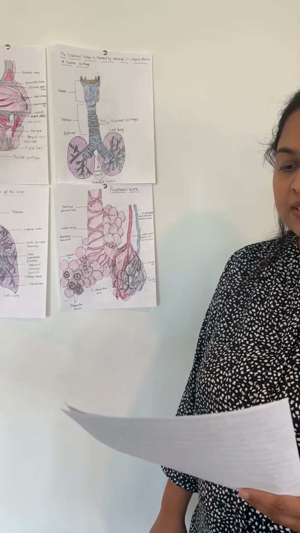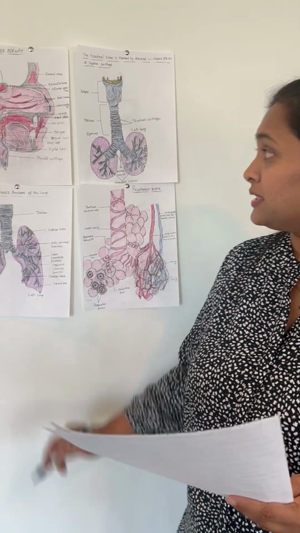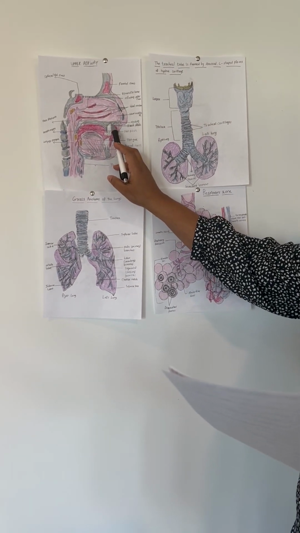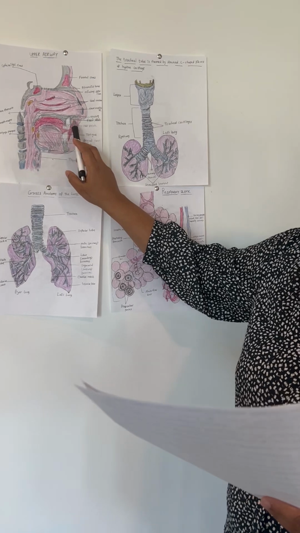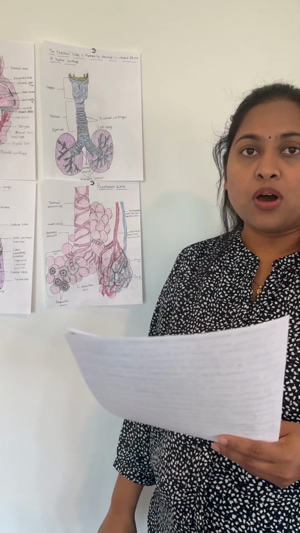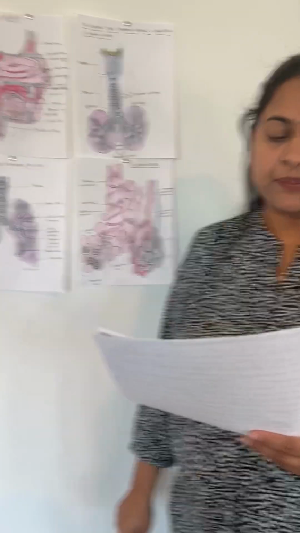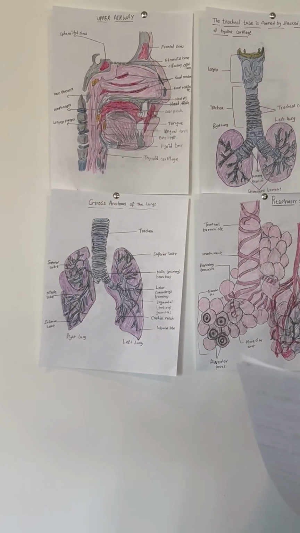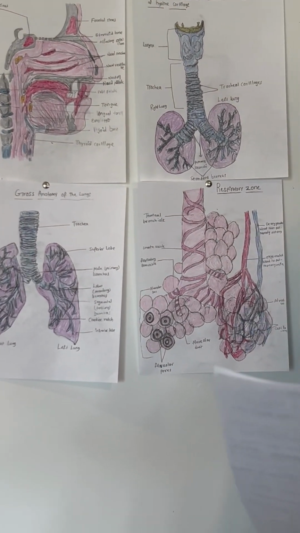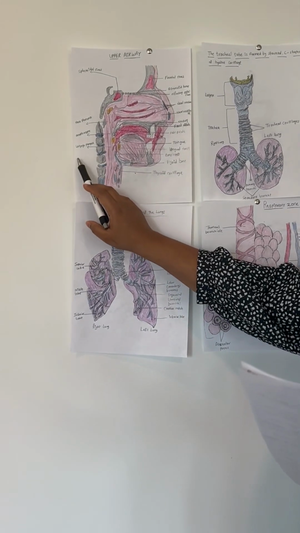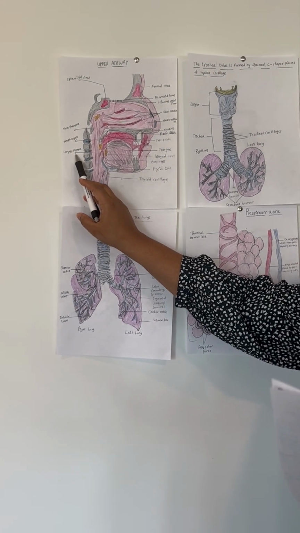Coming to the gross anatomy of the respiratory system, the nasal cavity has air-containing spaces called paranasal sinuses, which serve to warm and humidify incoming air. The pharynx is a tube-like structure formed by skeletal muscles. It is divided into three major parts: nasopharynx, oropharynx, and laryngopharynx.